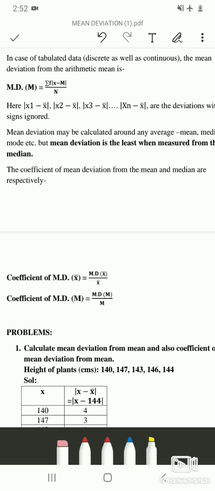So these were the absolute measures. So now let's see what are the relative measures for the mean deviation.